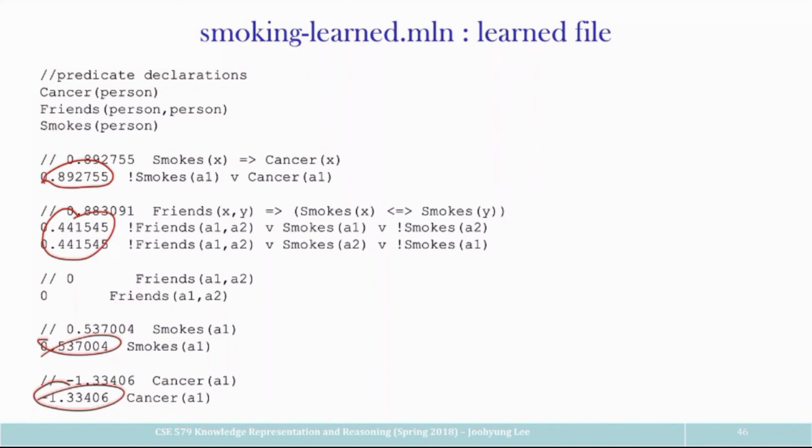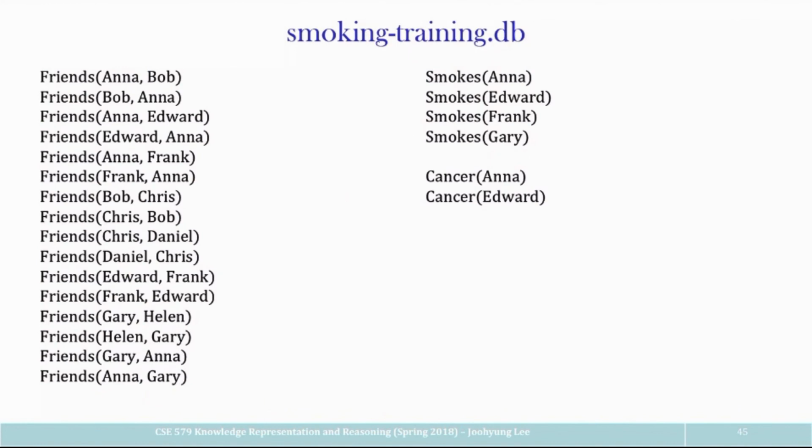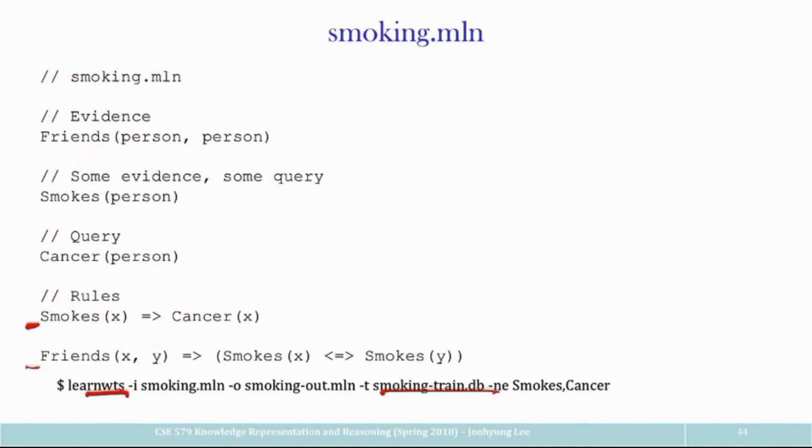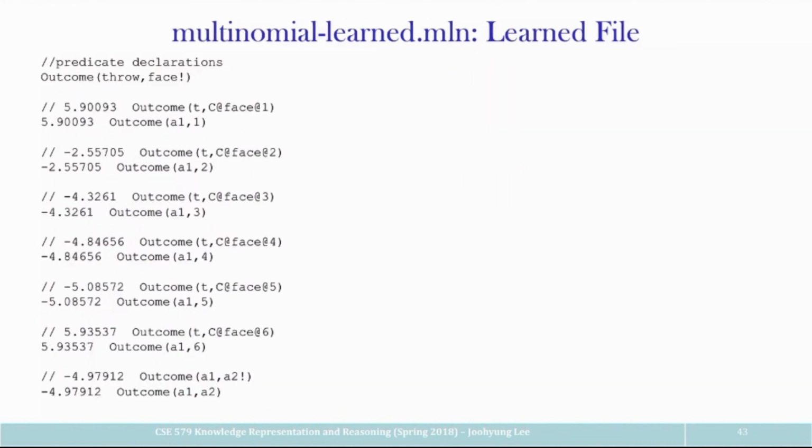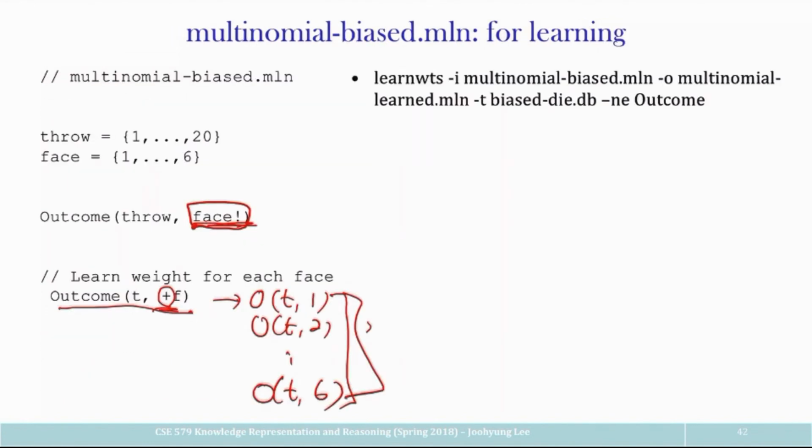Yes? In the previous slide, we had the outcome, the one before this. We had the rule where we said outcome(t, +f). In there, how does it correlate the plus f with the faces? Does it figure it out from the examples or from the previous? So how do we know which value it has to instantiate?